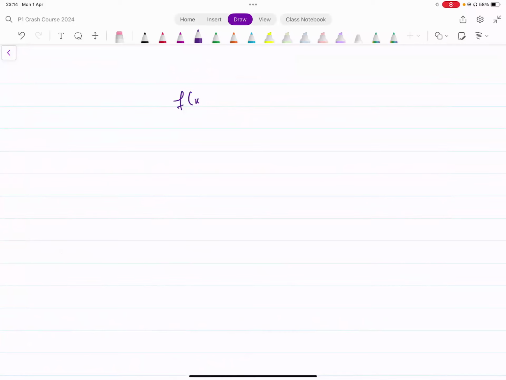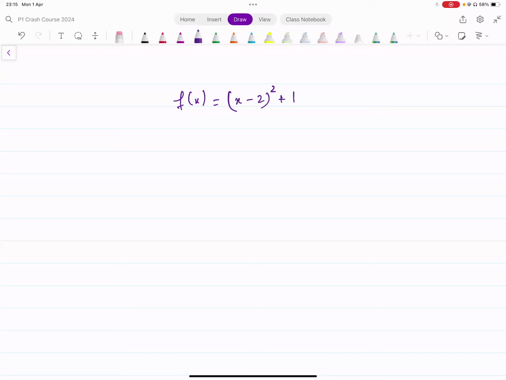Let's say you have a function f of x equals 2x minus 4. Or let's say instead you have f of x equals (x minus 2) whole squared plus 1. You have a quadratic function.